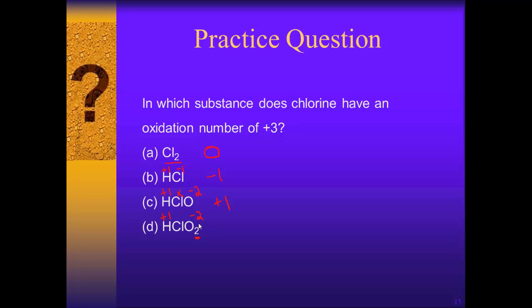So we have a -4 plus 1. So our x in this case must be a +3. And that is our oxidation numbers. We'll next look at what we do with those numbers in identifying redox reactions and identifying what has been oxidized and what has been reduced.